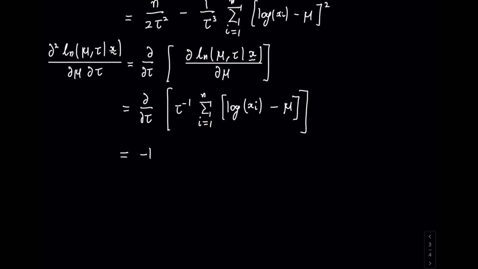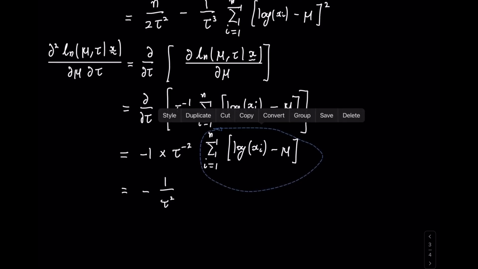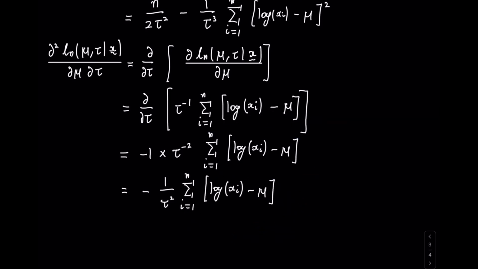Then we take the power down the front, 1 off the power, and we've still got our sum, i equals 1 to n, of the log xi minus mu. And quite simply that becomes -1 on tau squared, times the sum. And so now we have derived our first derivatives, our second derivatives, or our partial derivatives, I should say.